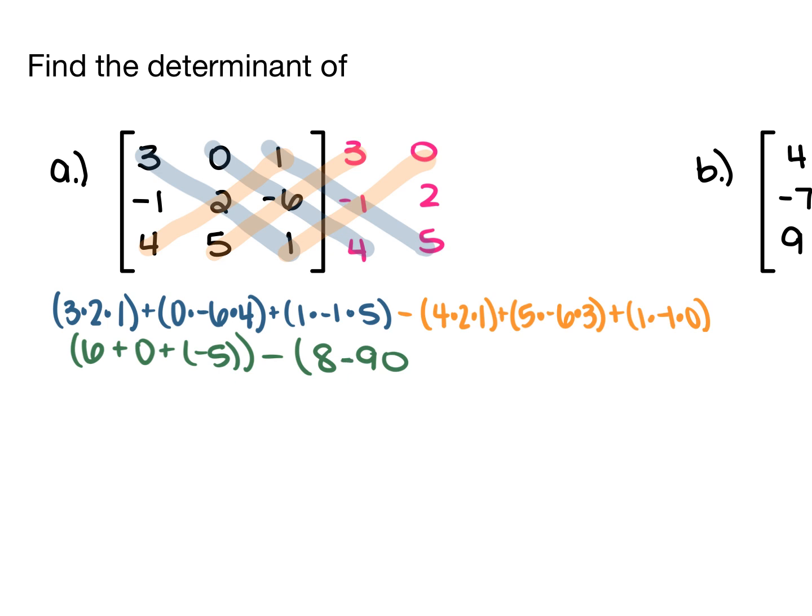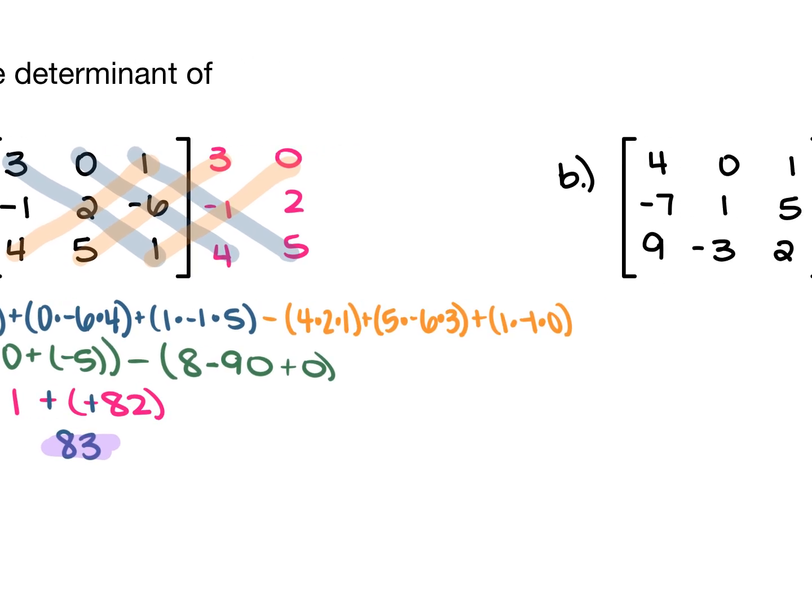And then 1 times negative 1 times 0 is 0. Your 6 plus 0 plus negative 5 gives you 1. Your 8 minus 90 plus 0 gives you negative 82. We're going to change to addition and add these to get your determinant to equal 83.